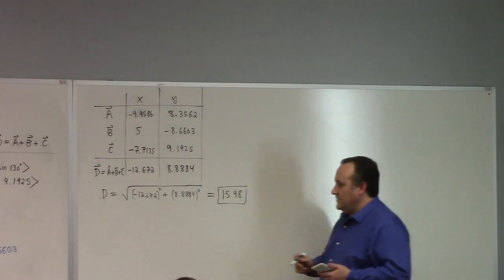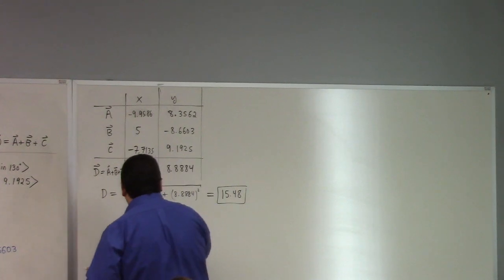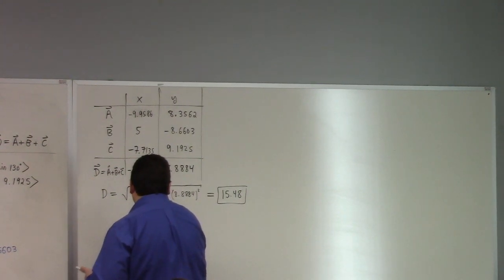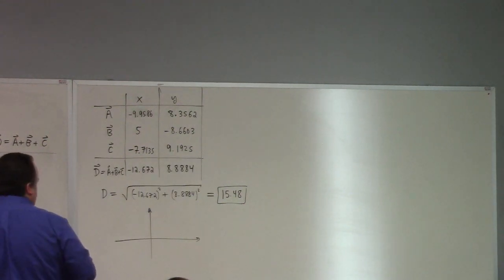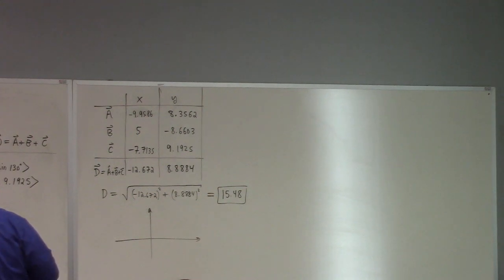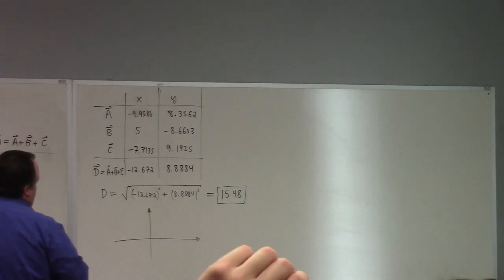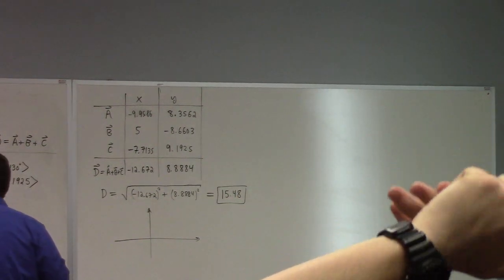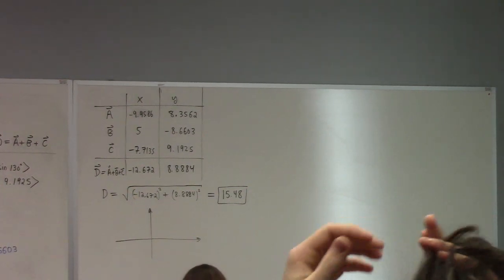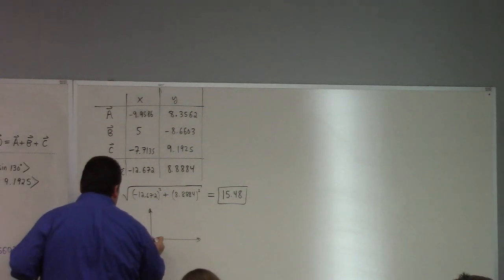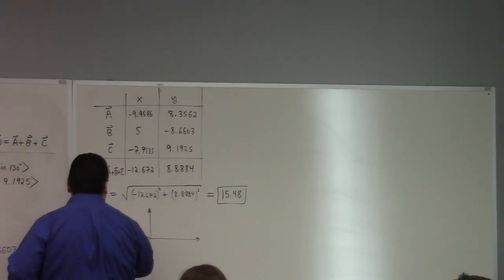And so let's draw a picture of it. What's it look like? Right? Let me see if I can recapture the magic here. It's in the negative x direction and it's up a little bit. A does something like this, right?